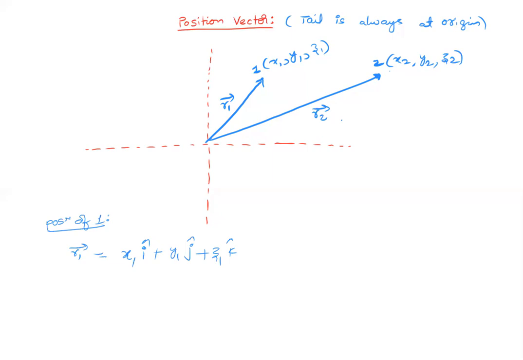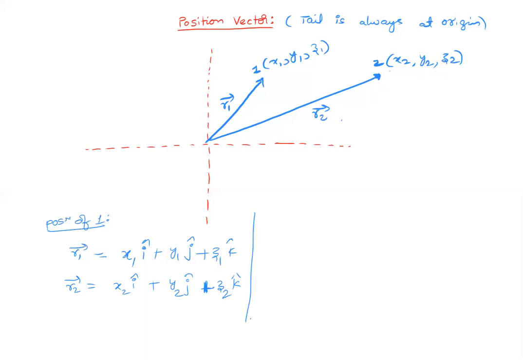So your position vector r1 bar is equal to x1 I cap plus y1 j cap plus z1 k cap. And for the second one, your r2 bar is x2 I cap plus y2 j cap plus z2 k cap, the position of the second one.